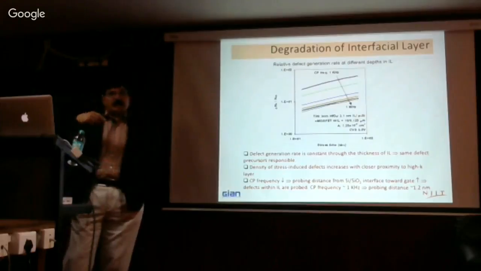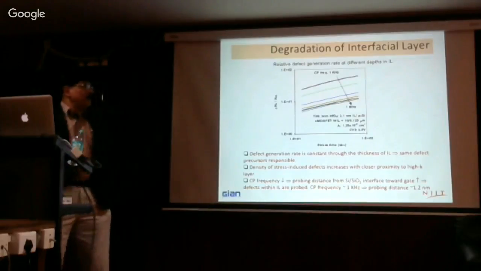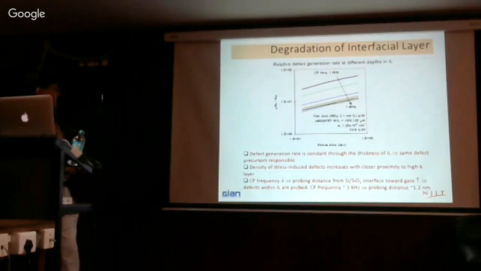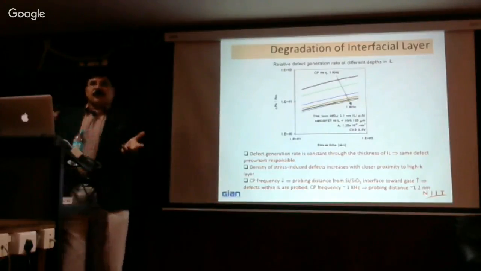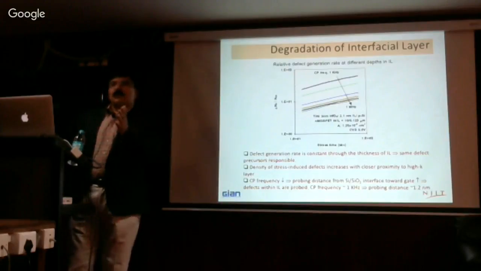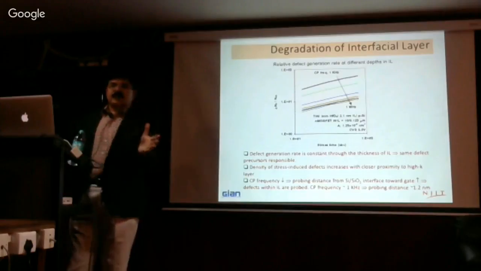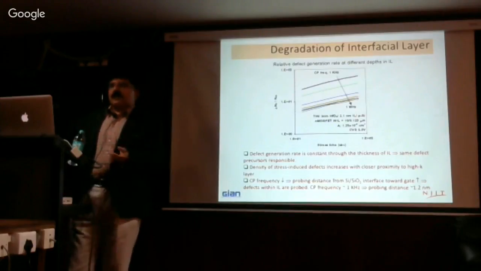That you can measure with the charge pump. So the defect generation rate is constant in the oxide. So, okay, now the oxide is the culprit. Now, how do you know how the defects are formed inside the oxide? That is what you also want to understand.